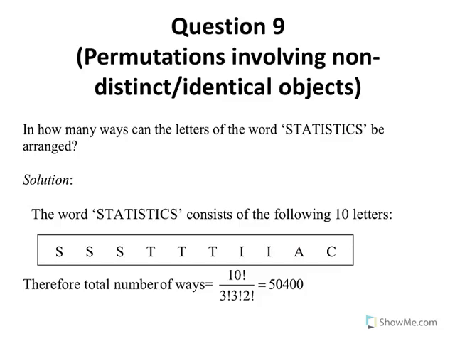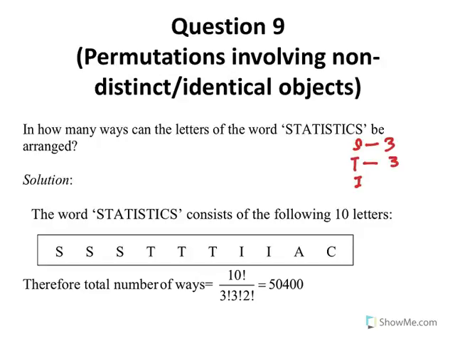With that, question 9. You will see a lot of this kind of letter question. All the letters, some repeat, right? The number of S, how many? 3. Number of T? 3 also.